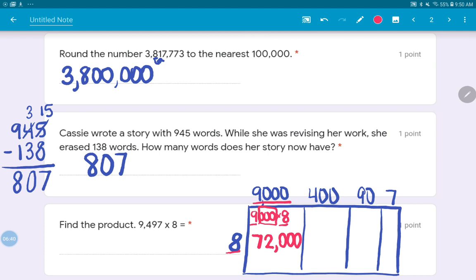Now we're going to find the area of our second section. This one has a length of what? 400. What's the width? 8. So I'm going to do 4 times 8.